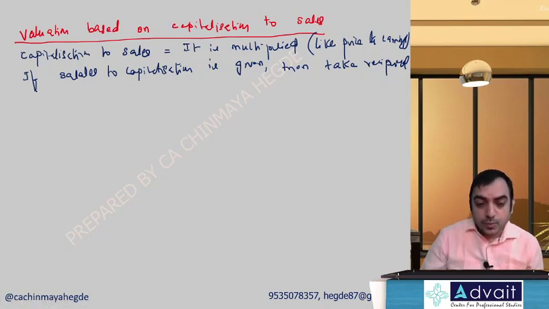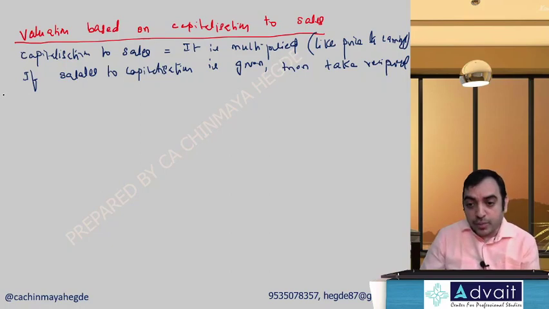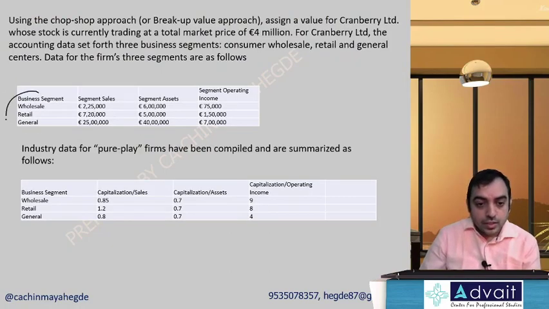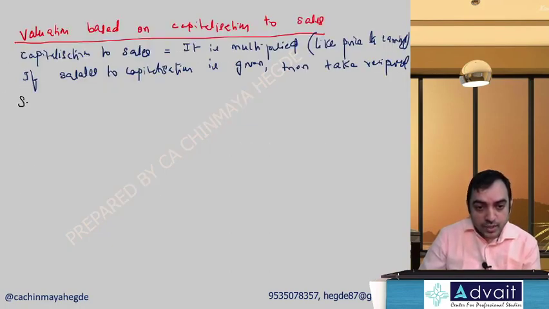Okay. Now let's come to the numbers, segment one by one. Let me just write in the columnar format. Segment: wholesale, retail, general. Okay. So what they have given, sales, let us write down.